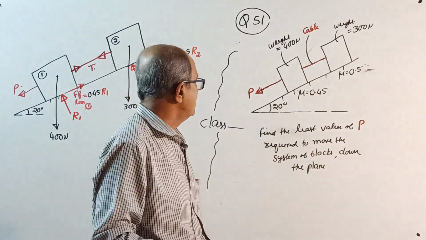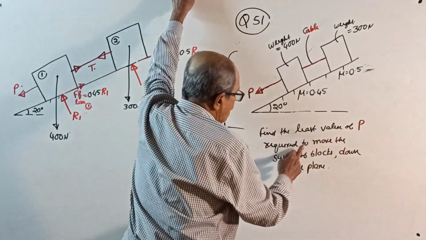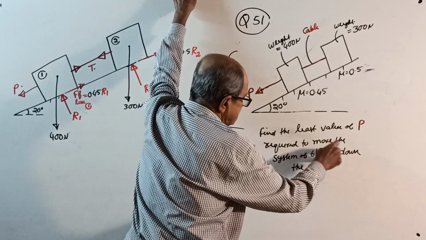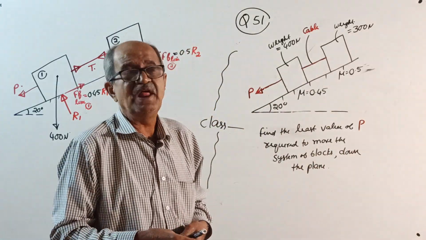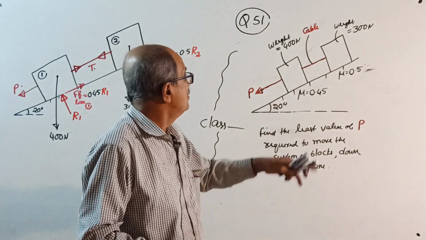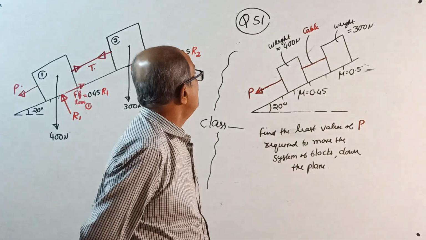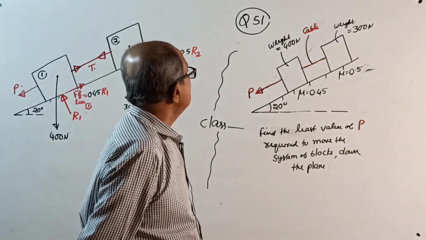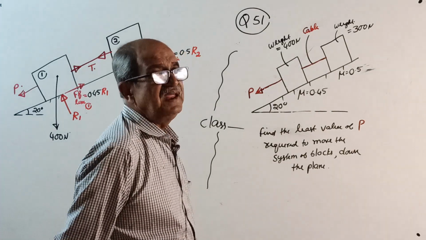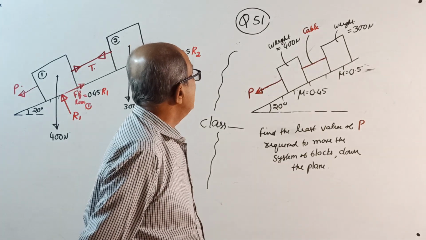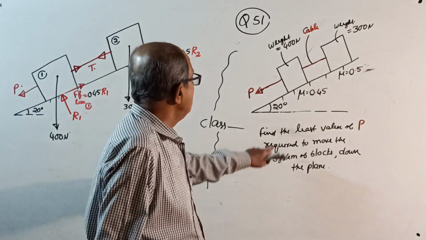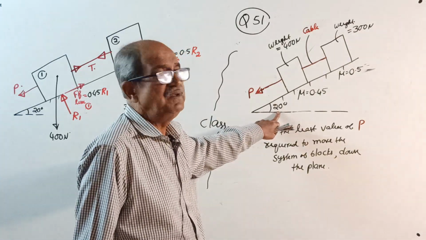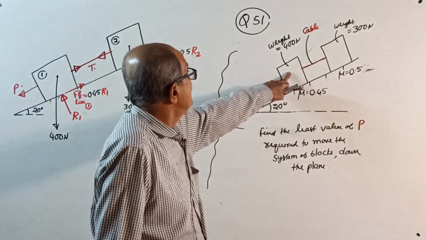Least value of P required to move the system of blocks down the plane. Those who want words, some will ask, sir, if they give words, what to do? Okay, I will tell the words. Two blocks of weight 400 Newton and 300 Newton are connected by a cable and placed on a rough inclined plane which makes an angle of 20 degrees with the horizontal.